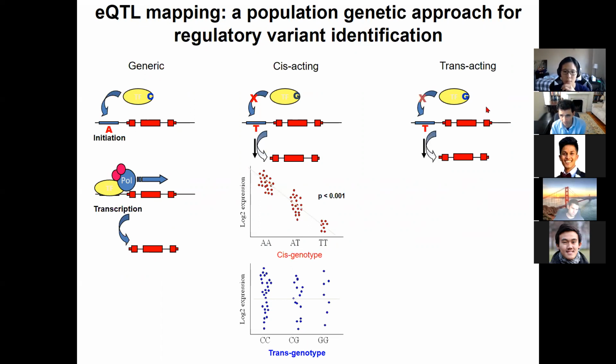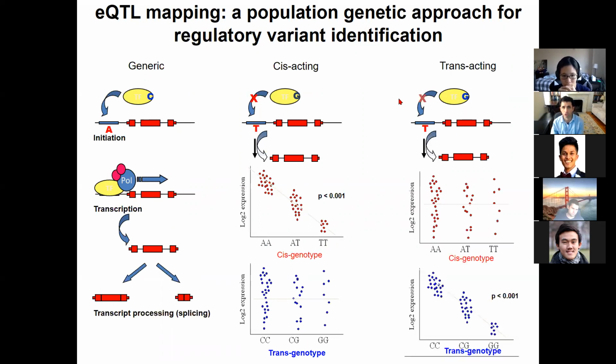For trans-acting variants, I might have genetic variation that impacts the regulator. For example, it disrupts the DNA binding domain of a transcription factor, and then it can no longer bind across all of its targets. So this would be a trans-acting relationship. And then, of course, you can have many additional levels of regulation after that.